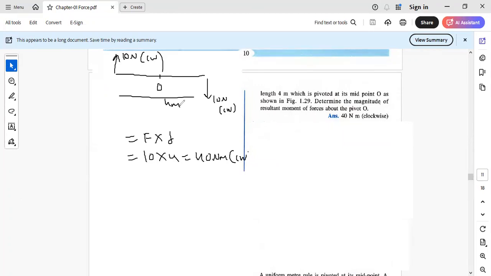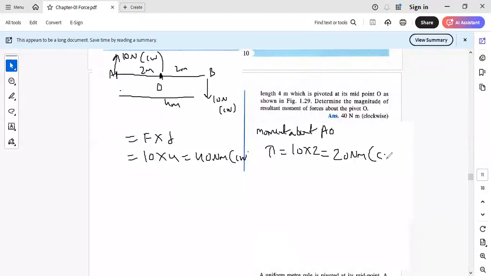So the moment about end 1 to O, that would be 2 meters and 2 meters. Let's say I'll call this A and this B. So the moment about A, AO, would be 10 into 2, which is 20 Newton meter, and this is clockwise.